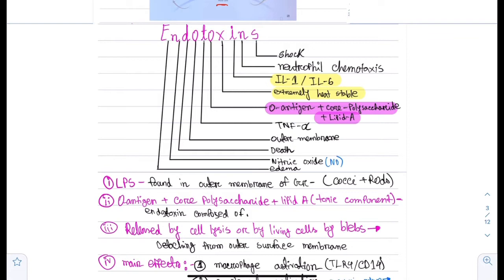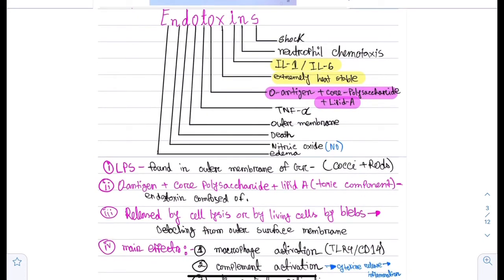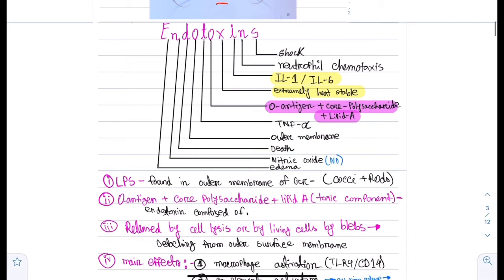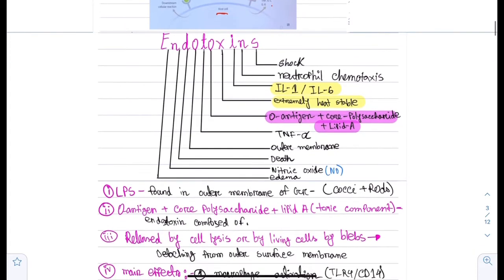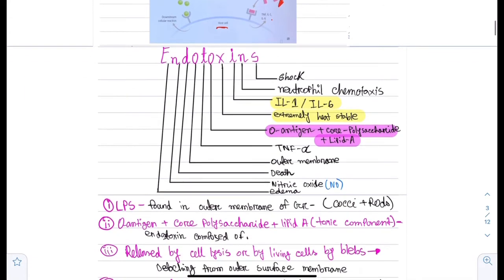Then the next element is TNF alpha, which is another reason for fever if someone is affected by E. coli. And there is an outer membrane of the E. coli bacteria, which is responsible for the endotoxin release, because that outer membrane lyses, and then here you can see the bacteria goes to the toxins, my bad, the toxins go to the host cell.